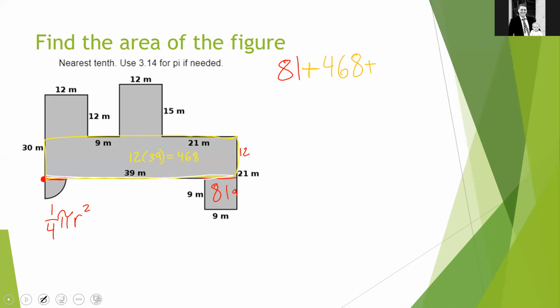Let's see. The only way I would double check that is I would add up the pieces all the way across. And if they equal 39, then I know that the 39 was talking about this whole distance, but I'm thinking it's possible the 39 might have been only talking about this distance. Let me figure that out. 12 plus 9 plus 12 plus 21.